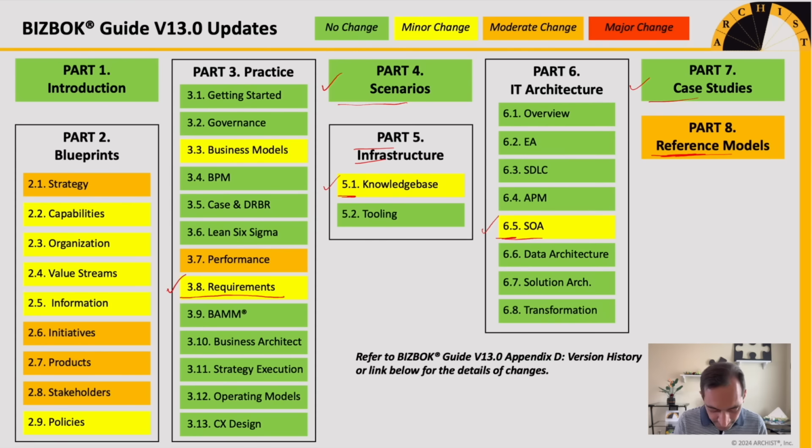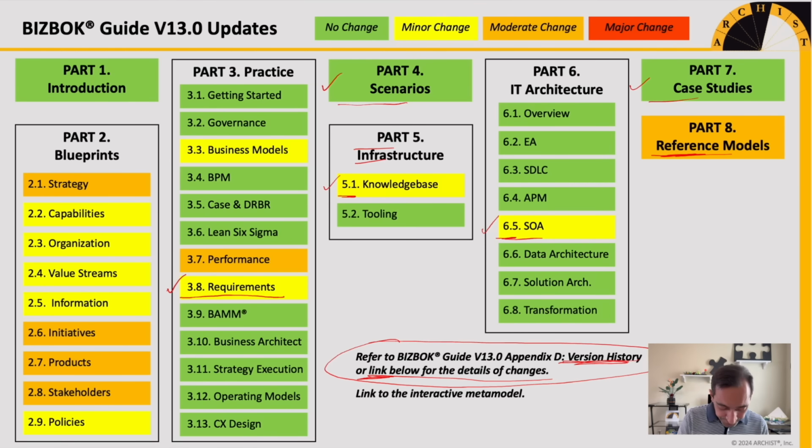And finally, you can always look at the Appendix D. The link is at the bottom of this video, and that's publicly available, by the way. You don't need to be a member of the guild to look at the version history of all these changes in the latest version of the BIZBOK guide.